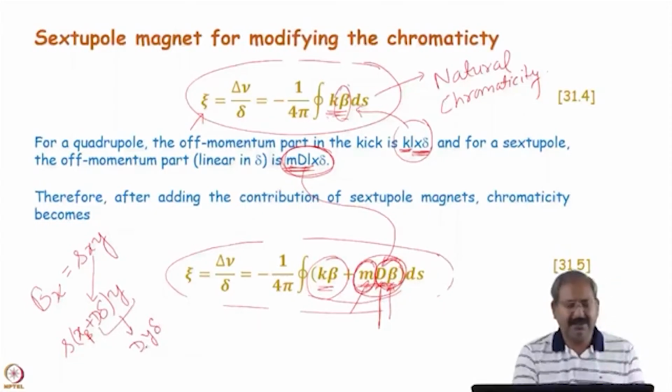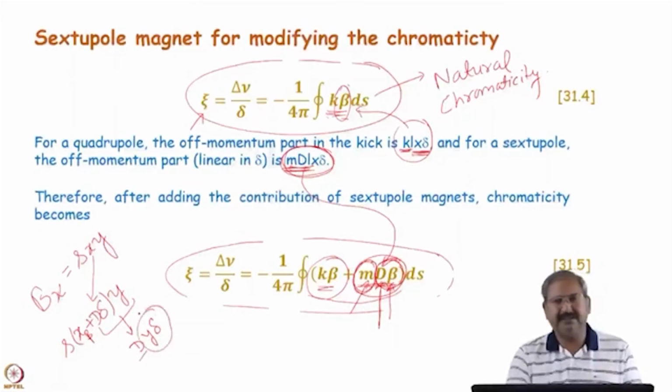So horizontal dispersion can be used for correcting the vertical chromaticity also, and this is only because sextupole magnets generate coupling between these two motions, horizontal and vertical betatron motion. So using that coupling, the horizontal dispersion can also be used to correct the vertical chromaticity in a synchrotron.